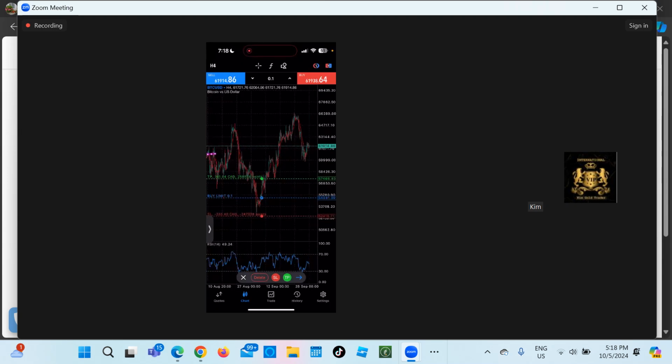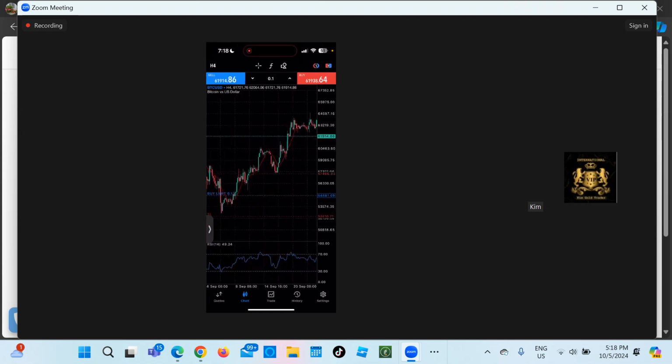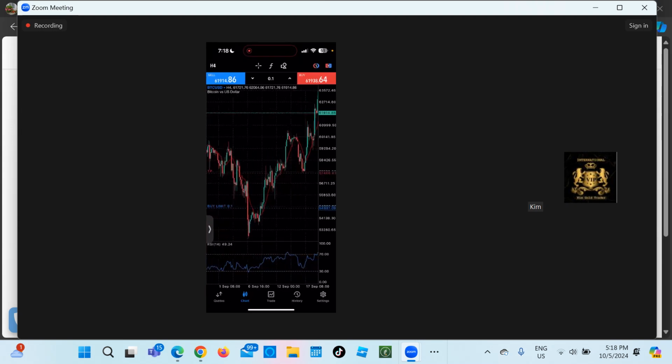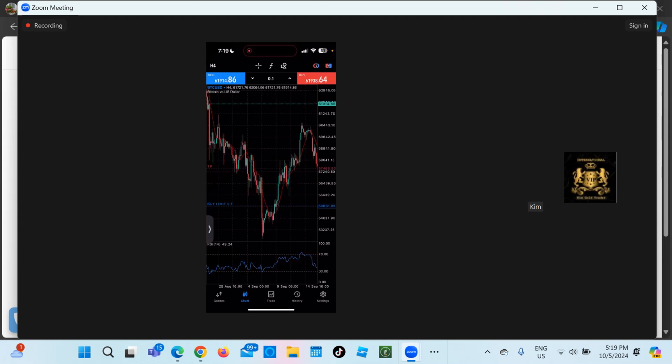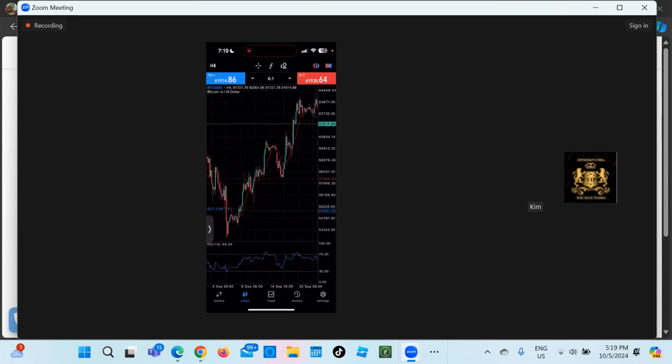Normally, kapag ako nagte-trade during live, ang risk-reward ratio ko during scalps is baliktad. The reason why is because I'm only going for shorts. Sometimes I send signals of 1 to 4 risk reward ratio.